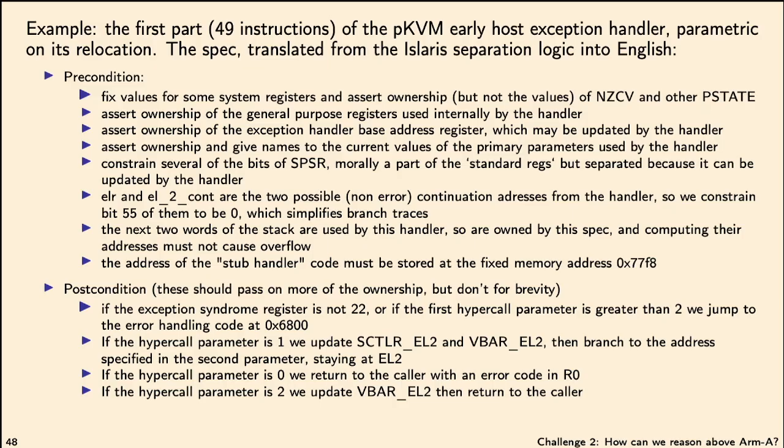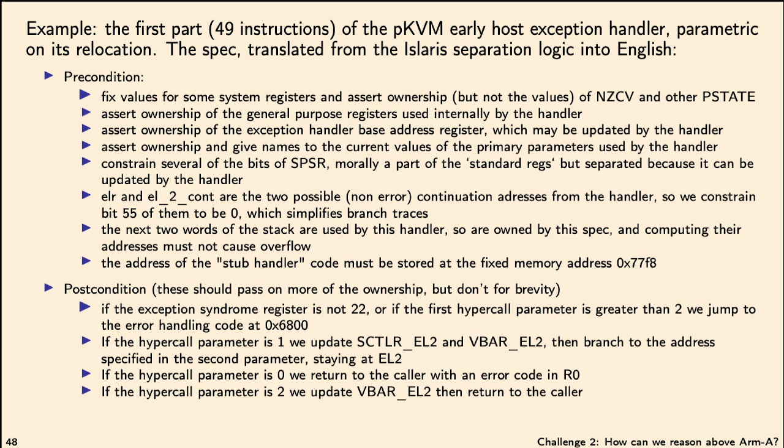So Angus proved a fact sort of like this about the first 49 instructions of one of the pKVM exception handlers. This is a piece of code actually written in assembly that runs when you first take a fault into pKVM from the host.